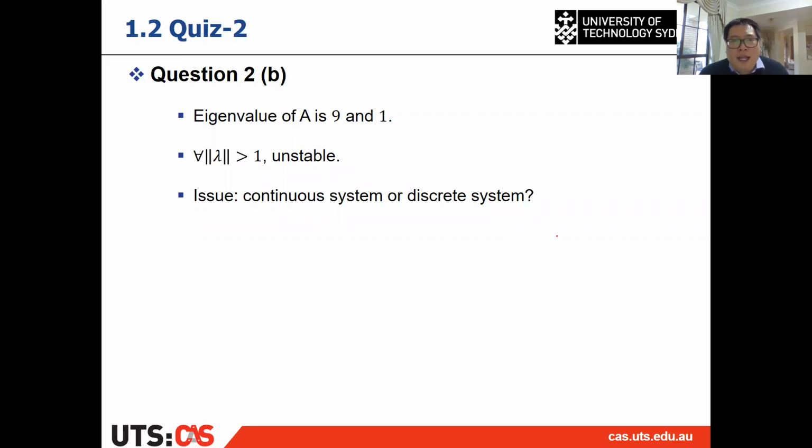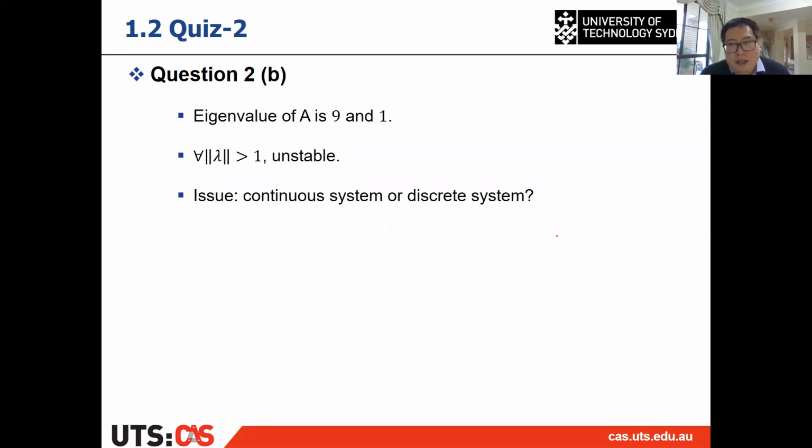All right, and another issue I found is that some students use the wrong criteria for the stability. Although the answers are the same, they use a wrong criteria for checking the stability.